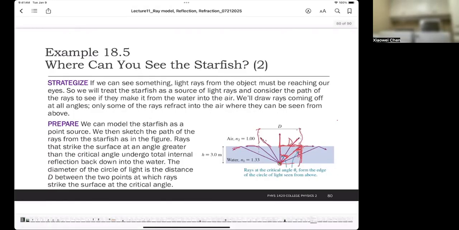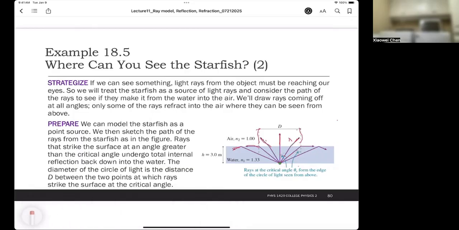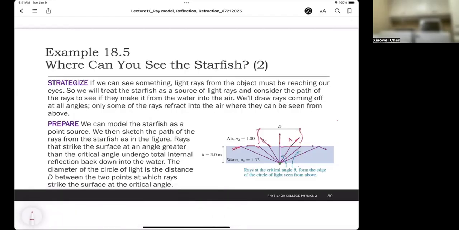Let me make it clear for you. This is d, am I right? This is theta c. Since this line is parallel to this line, which is the incident line for the critical angle, this angle equals this one.